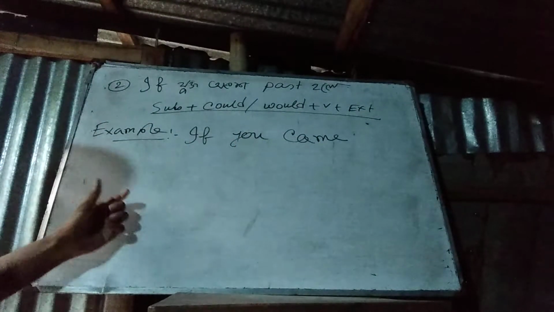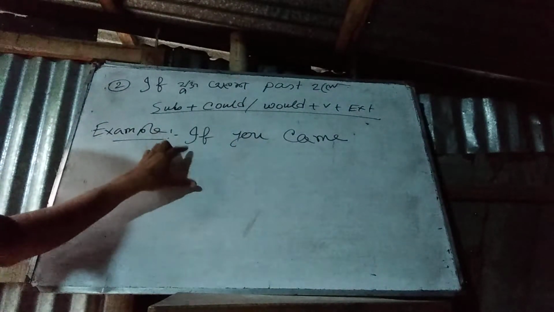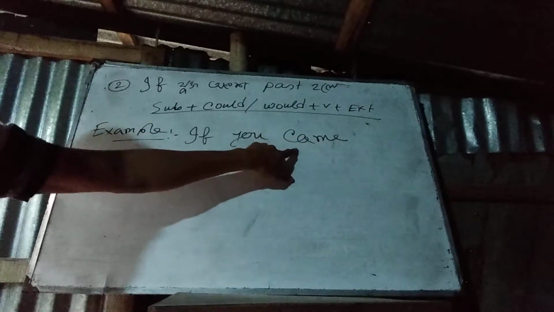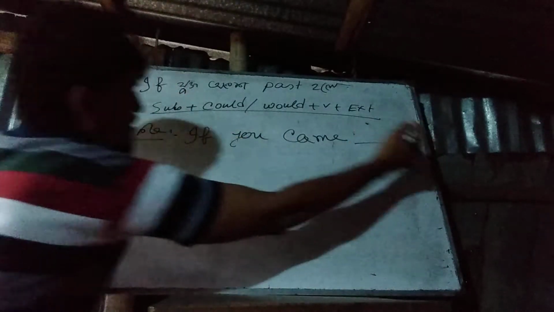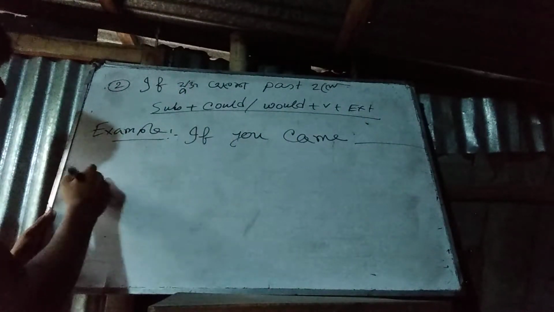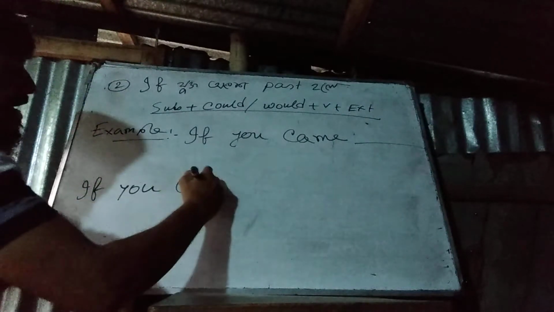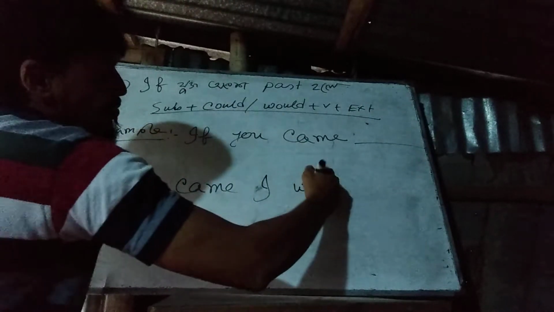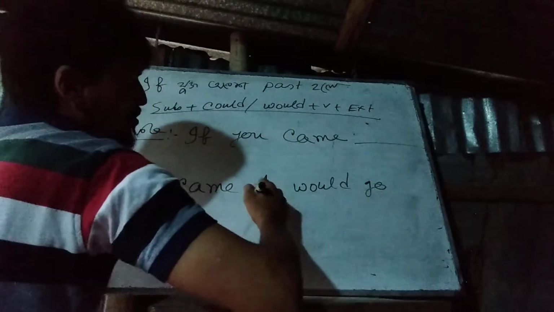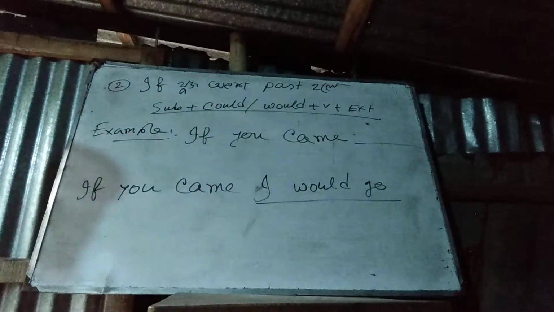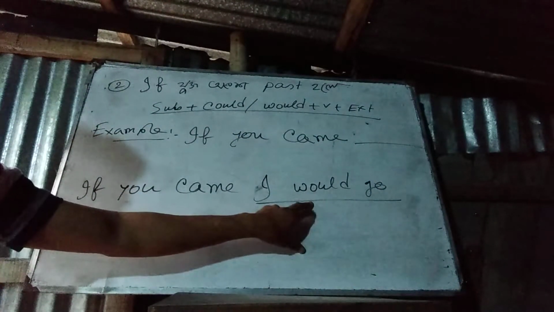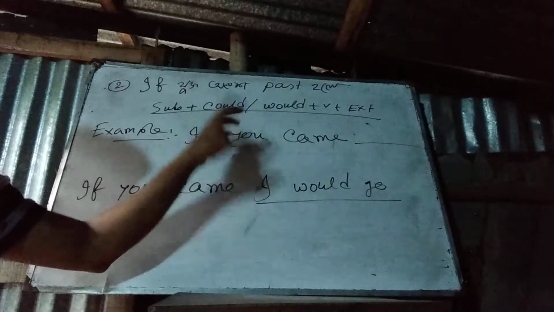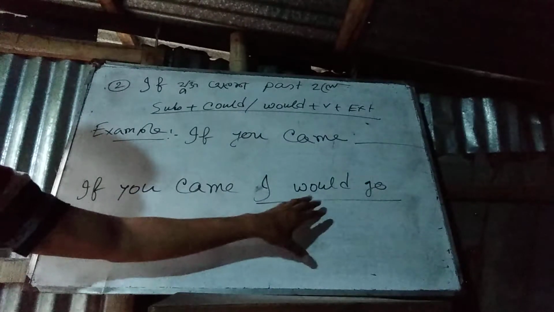Now in the second condition we have written here if you came, the verb came is in past form, so there is a gap, and in writing answer we have to write: if you came, I would go. So the change here is would. In the first conditional we have written will, in the second condition we have written would.